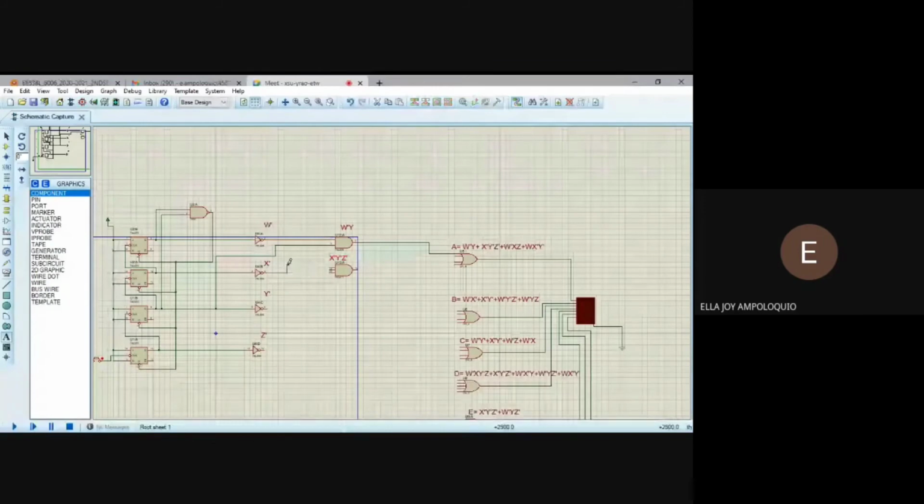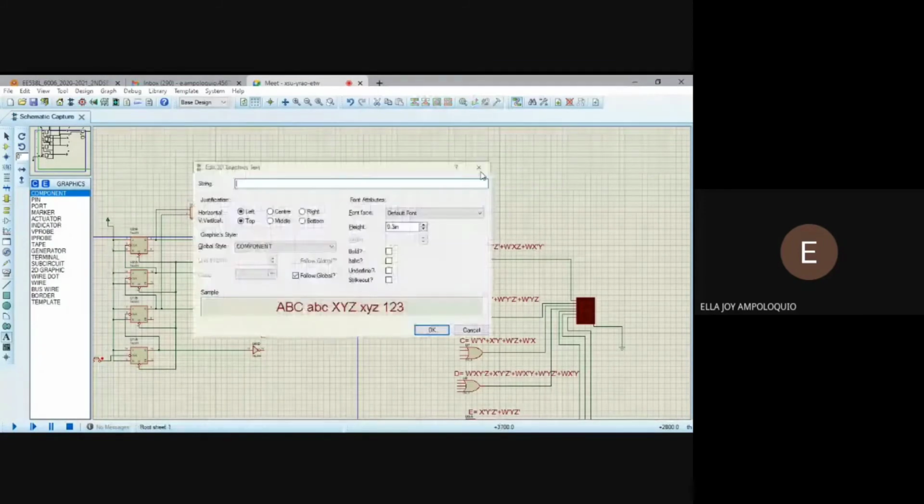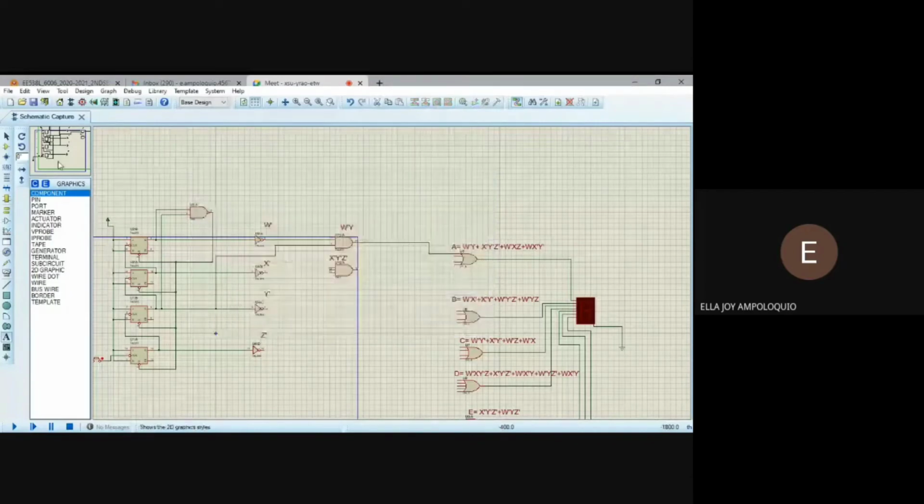So that it's easy for me, I'll align here. X prime, then Y prime. We have Z prime. Then it here.